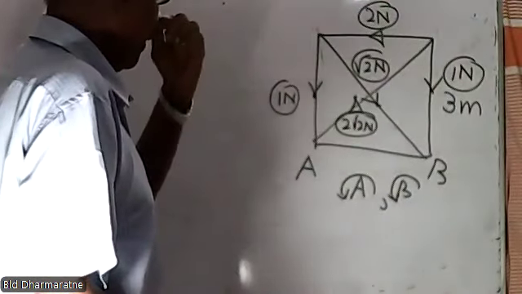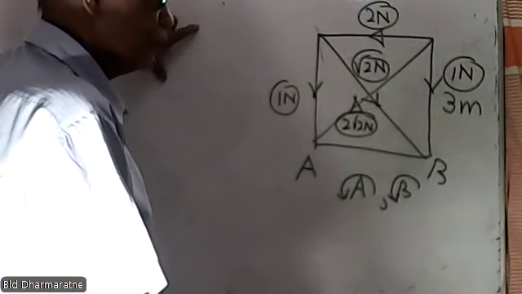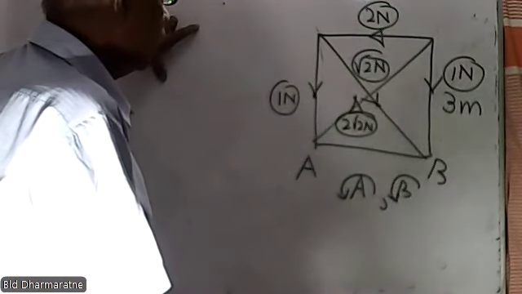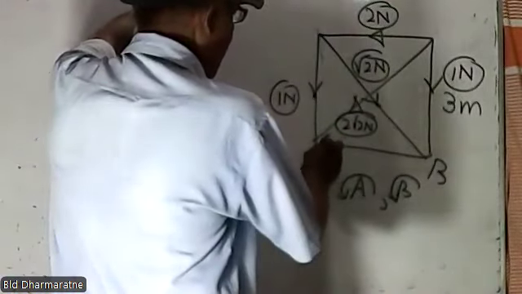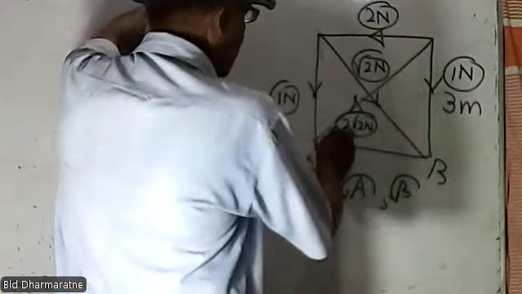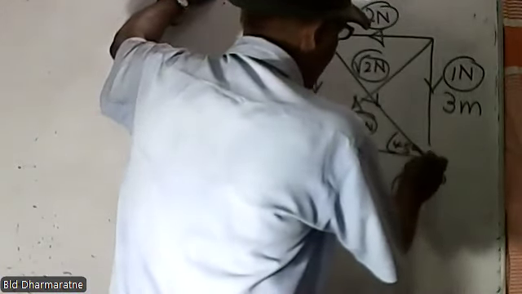First we find the perpendicular direction to the forces. In the square, it is very easy to find. This angle is 45 degrees, this angle 45 degrees.